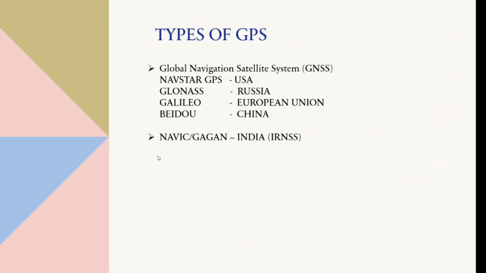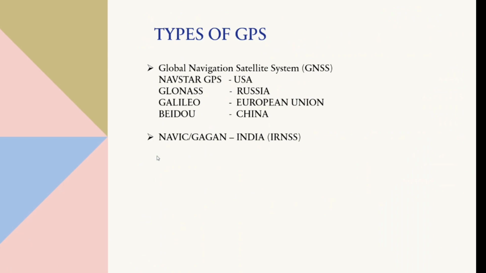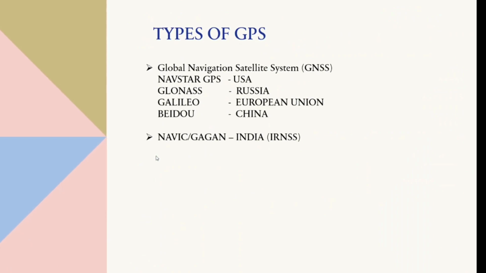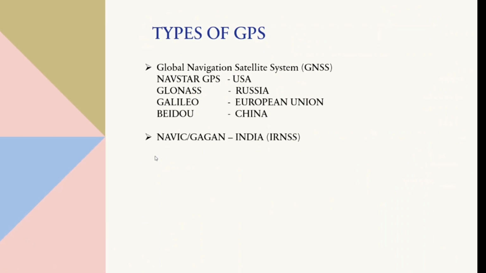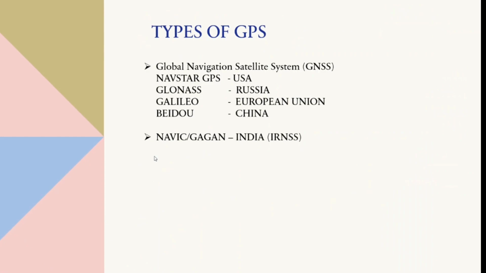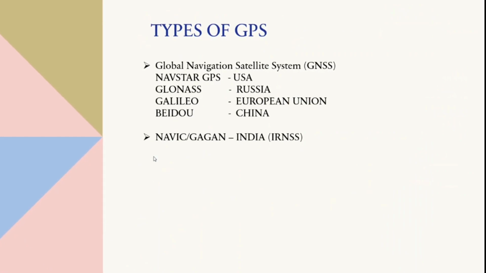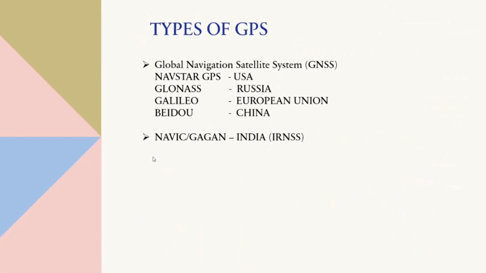We have different types of GPS, where GNSS, the Global Navigation Satellite System, consists of Navstar GPS of the USA, GLONASS of Russia, Galileo of the European Union and BeiDou of China.